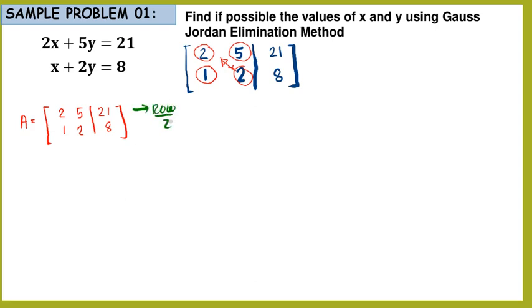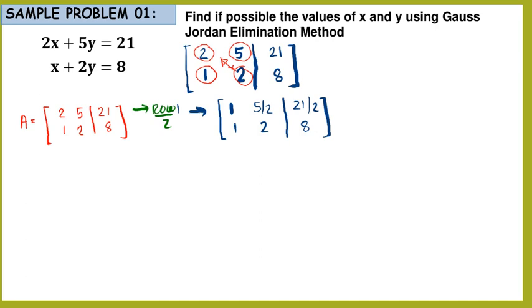So row 1 over 2, our resulting matrix will be: 2 divided by 2, that is 1. 5 divided by 2, that is 5 over 2. And then we have 21 over 2. So yung second row natin, we just have to copy our elements. So that will be now our resulting matrix.